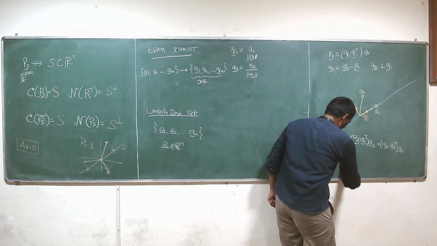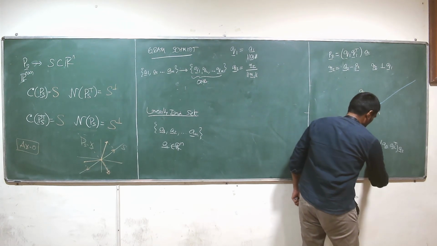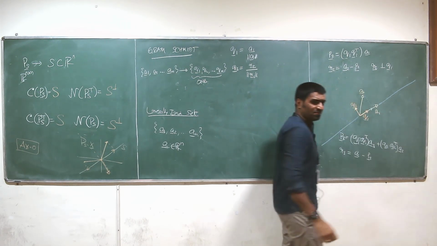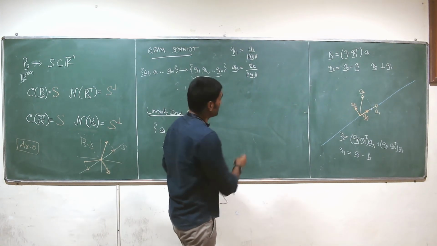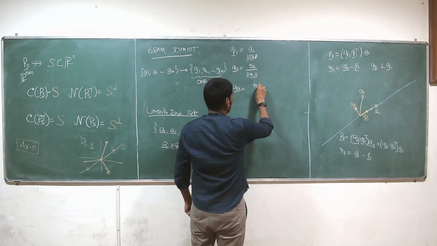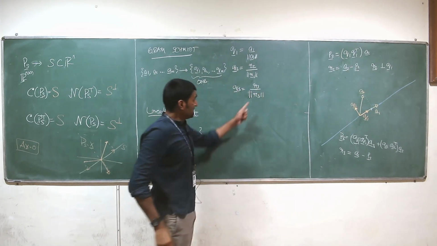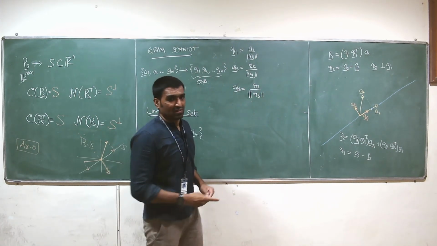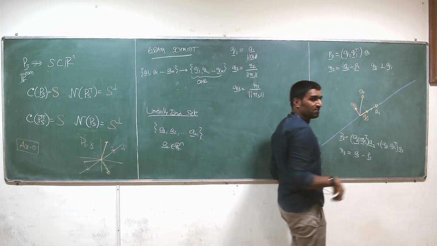Now you compute R3 as A3 minus P3. And now your Q3 will simply be the normalized R3 vector. And that will essentially be a vector that's pointing out of this plane.